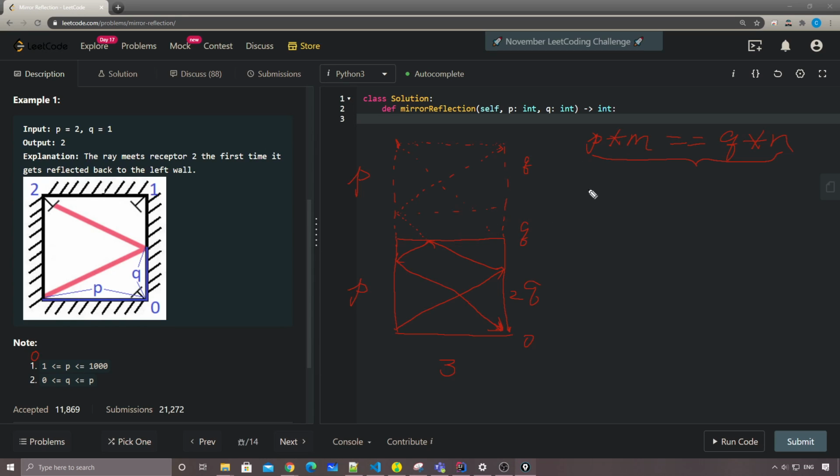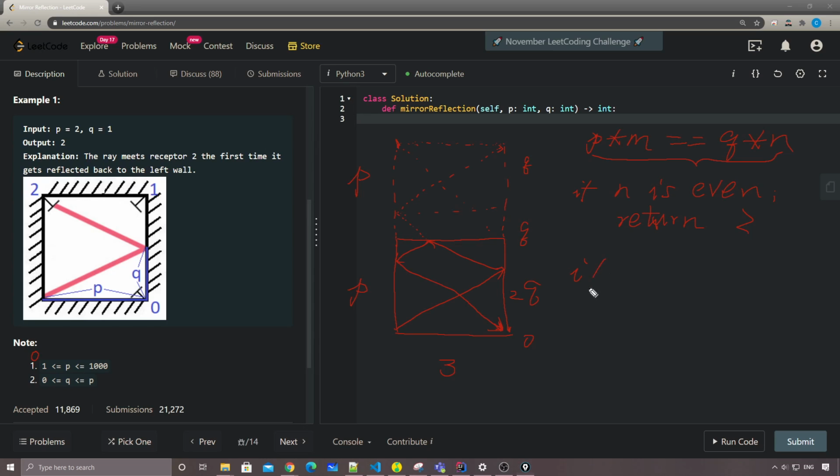Okay, so like I said, if n is even, we know it must reach receptor 2, so we return 2.